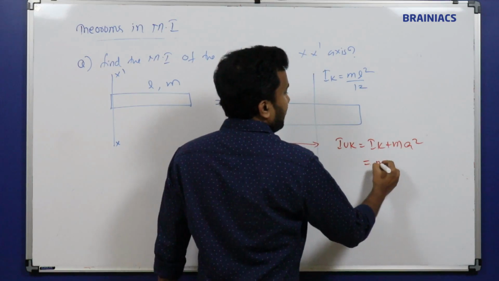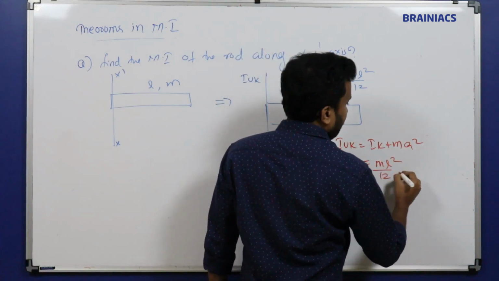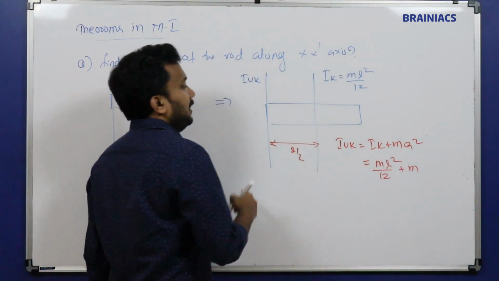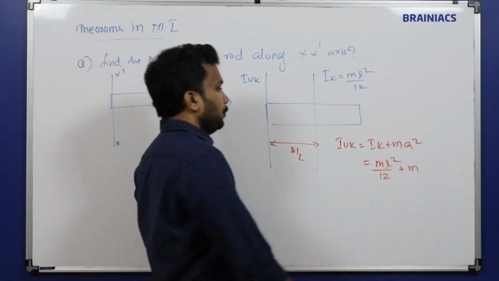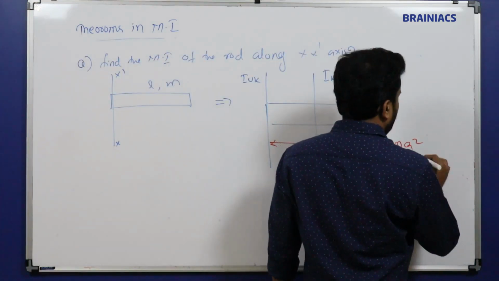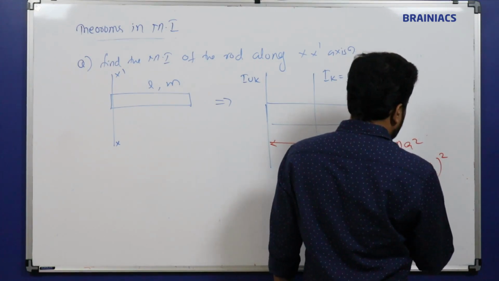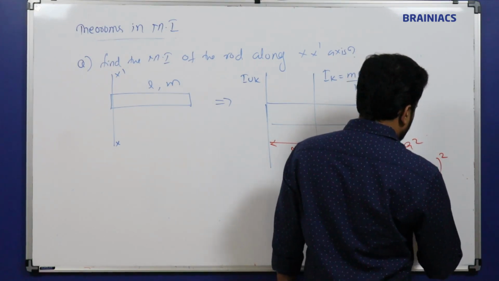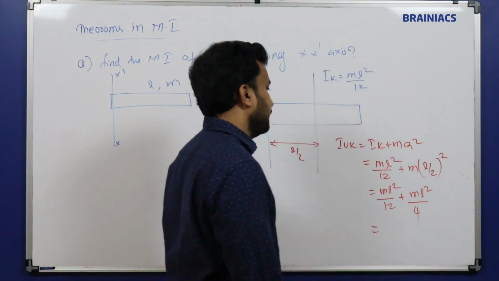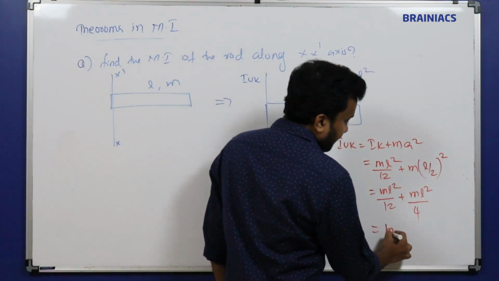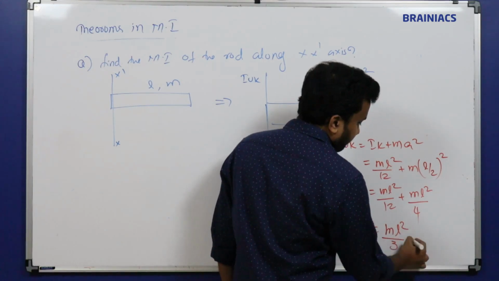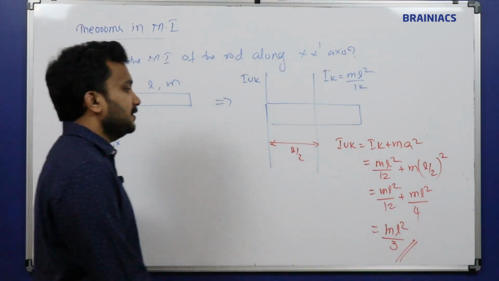So it is ml square by 12 plus m into L by 2 the whole square, which is ml square by 12 plus ml square by 4. Taking 12 as LCM, the answer is ml square by 3.